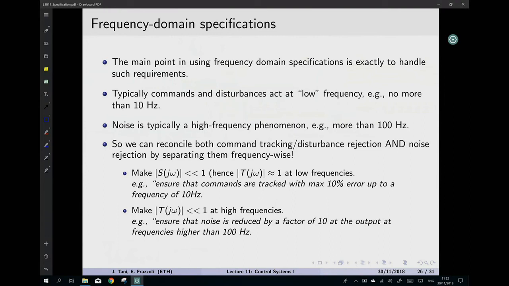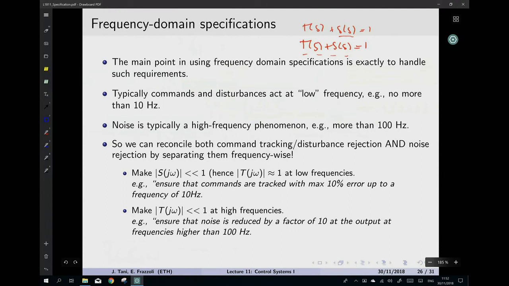So we satisfy the constraint of T(s) plus S(s) in low frequencies in a way that the disturbance part is dominating, while at high frequencies, we can make sure that the part we're interested in, and we'll go into details of this later, is the one related to the noise.